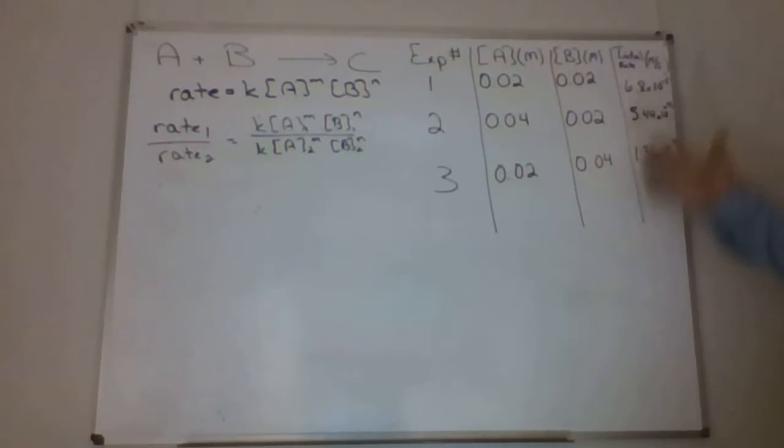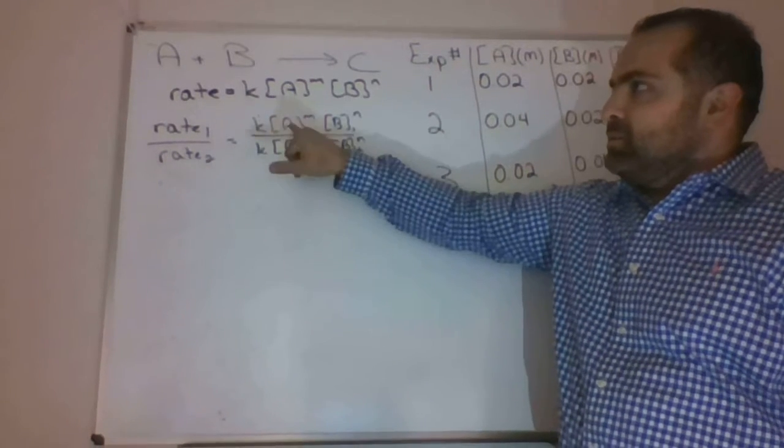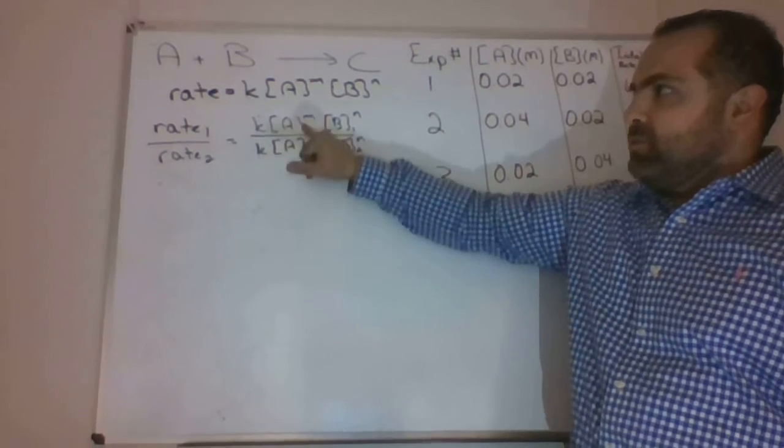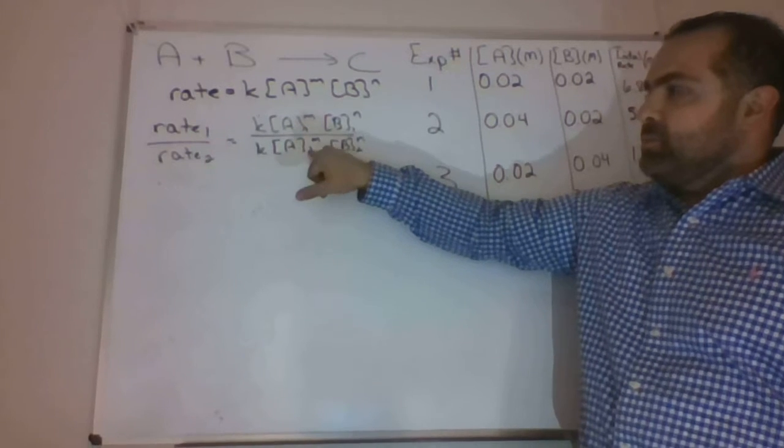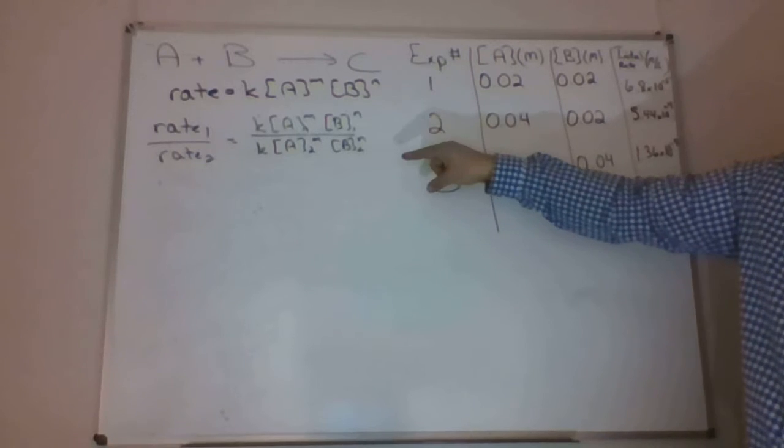So here what I've done is you take two experiments, you got the rates for each experiment, you got the rate constant, you got concentration A in experiment 1 and experiment 2, and the concentration of B in experiment 1 and experiment 2.